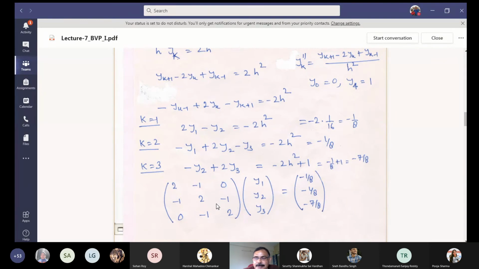So this is called the tri-diagonal matrix, or this system is called the tri-diagonal system. Write down: tri, and then diagonal system or the matrix. Now it is clear.